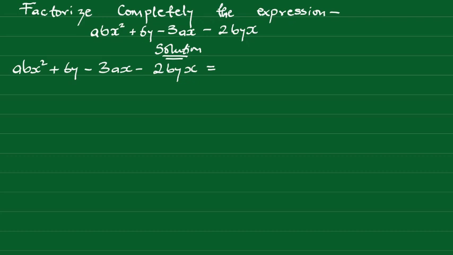Hence our expression becomes abx squared minus 3ax plus 6y minus 2byx.